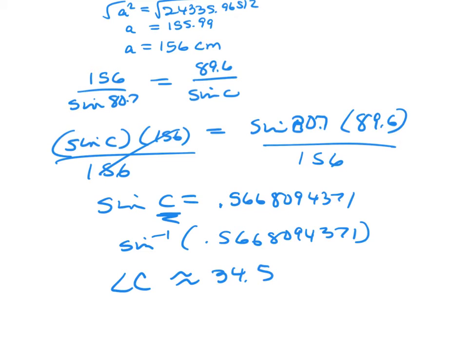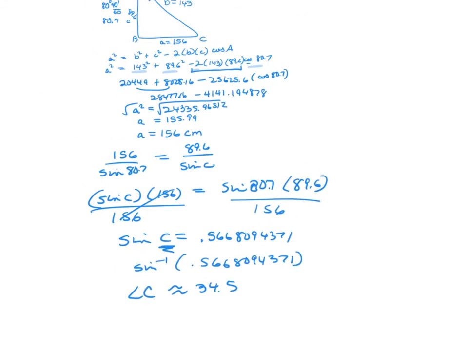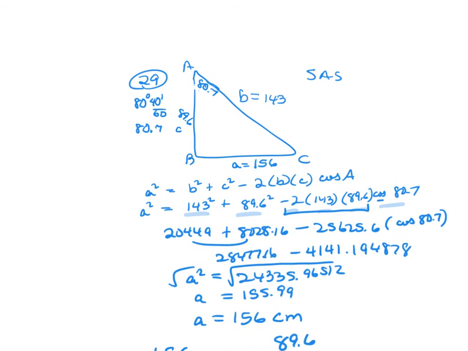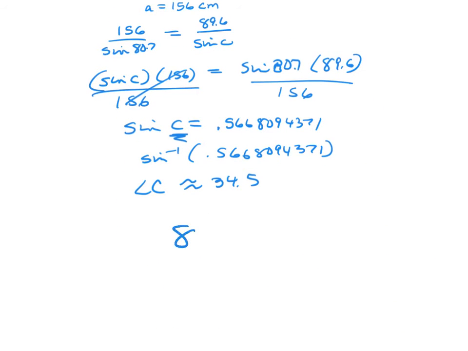And now to find the last angle, I could just use my triangle sum theorem. So we were already given this angle, 80.7. I'm going to add it to the angle I just found. So 80.7 plus 34.5, and I get 115.2.